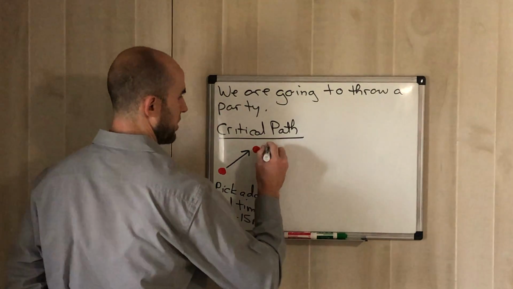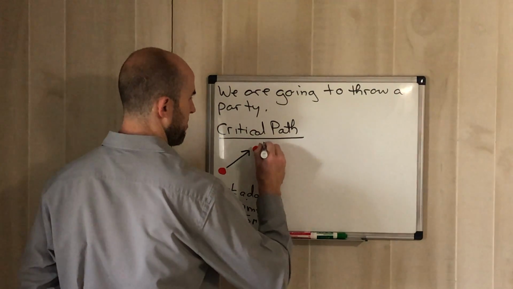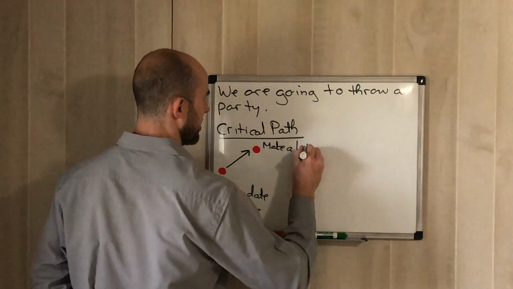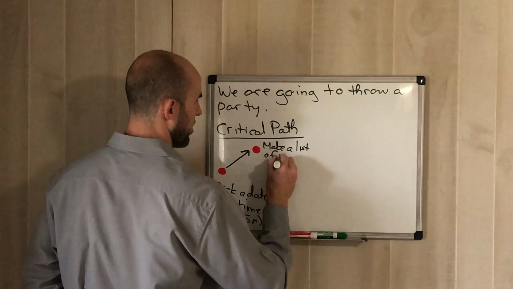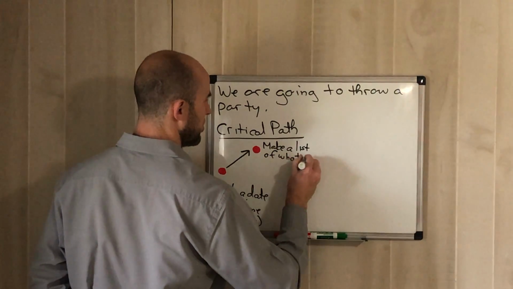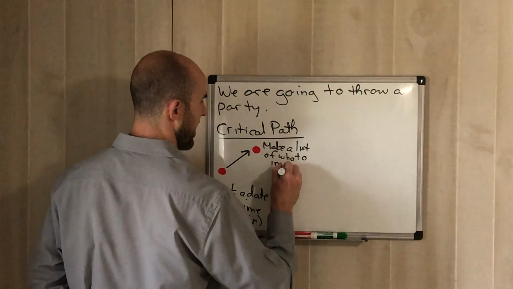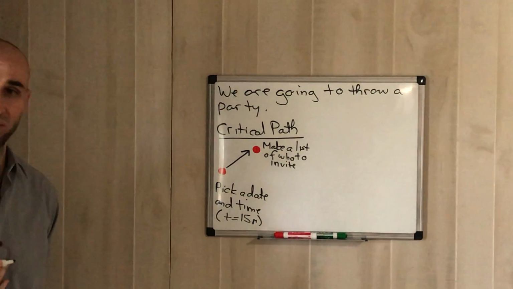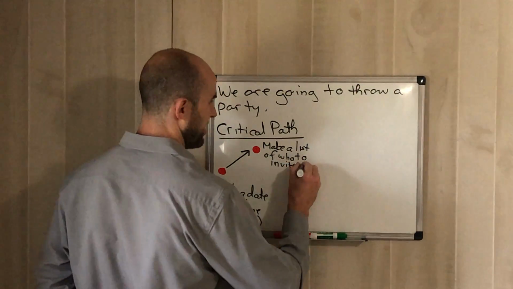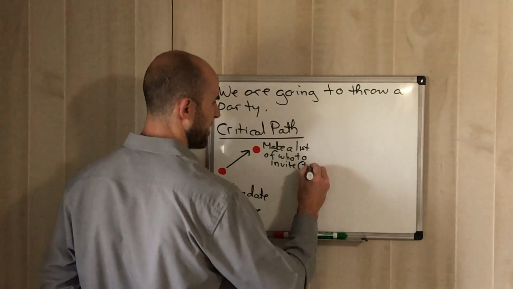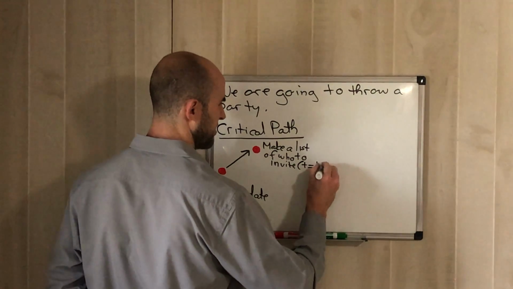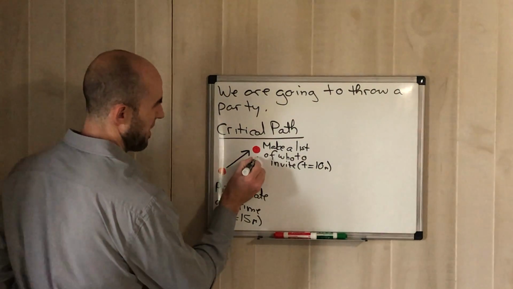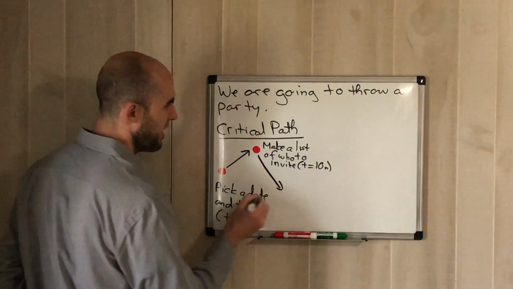Make a list of who to invite. Same question: how long would that take me? Making a list of who I want to invite would probably take another 10 minutes, let's say. So we made a list of who we want to invite.